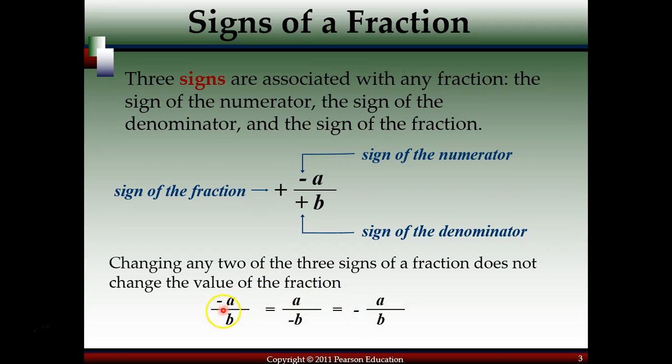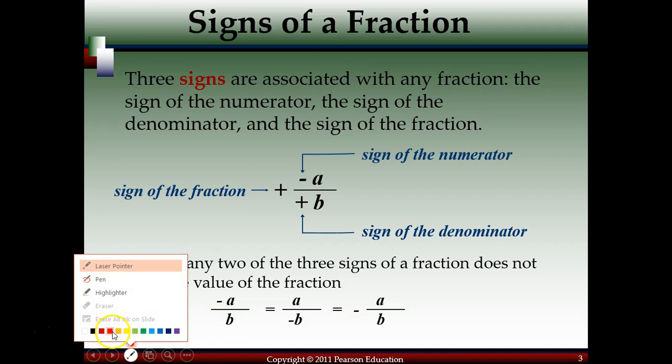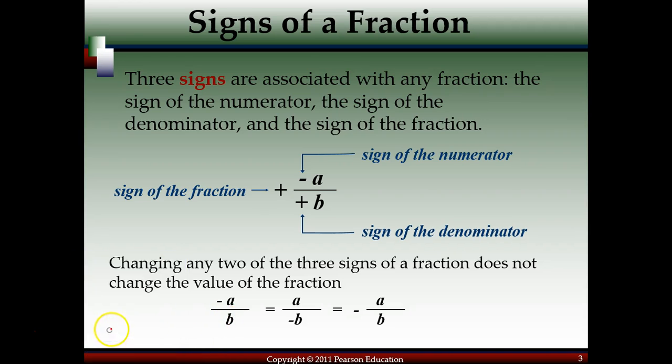If you have two negatives, let's say negative a over negative b, this would end up being positive. Kind of like when you multiply two negatives together, it becomes a positive number. Same with division: you divide two negatives, it becomes a positive.